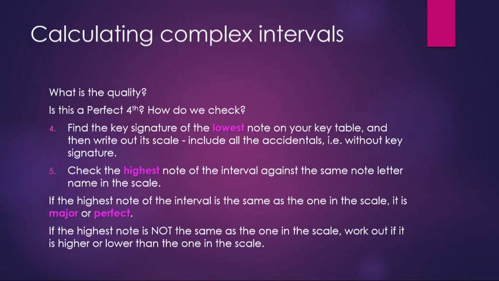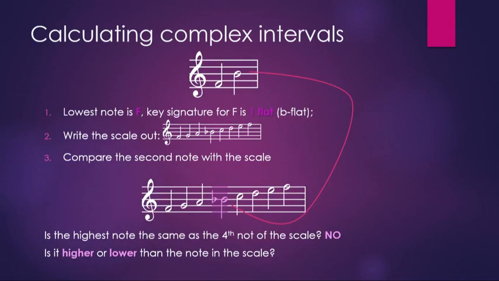And I'll show you how to do that in a minute. If the highest note of the interval is the same as the one in the scale, it's major or perfect. In this case, because we're working with a fourth, it will have to be perfect, or augmented, or diminished. So let's have a look at how this works.